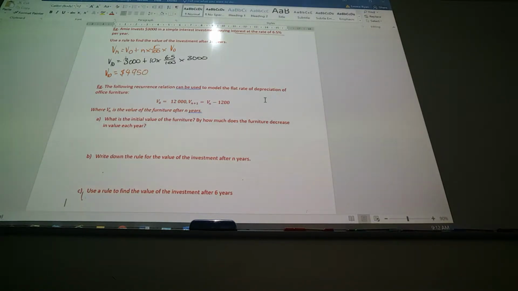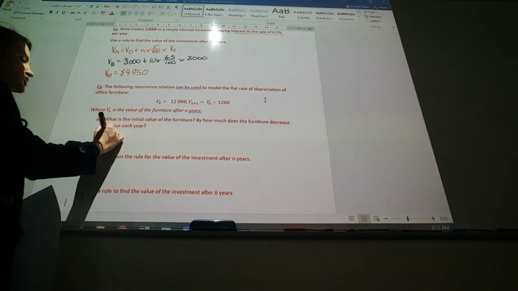All right, any questions? Okay, let's move on to the next one. So, the following recurrence relation can be used to model the flat rate depreciation of office furniture. What is the initial value of the furniture and by how much does the furniture decrease in value each year?